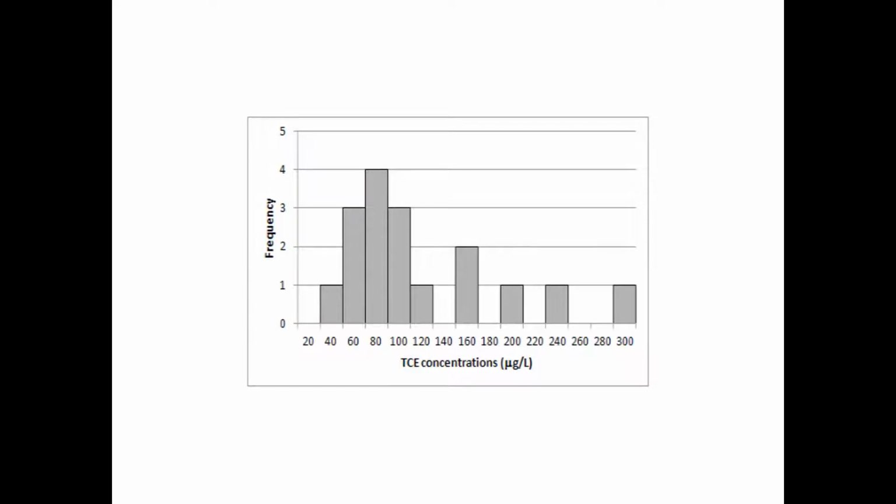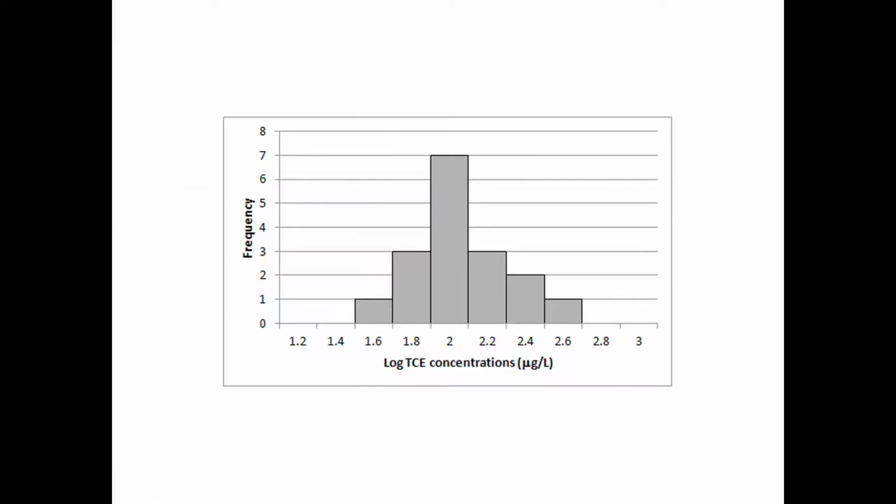Here is another example showing a right skewed distribution in the original dataset. Now let's do the log transformation. After the transformation, it shows an approximate normal distribution.